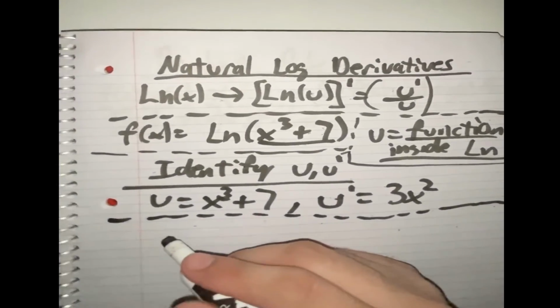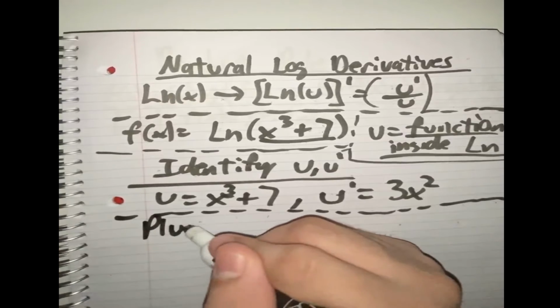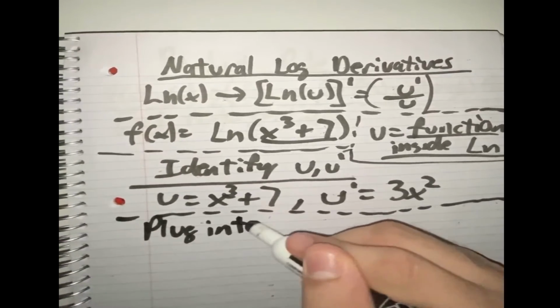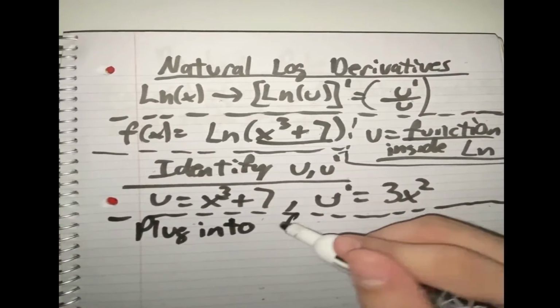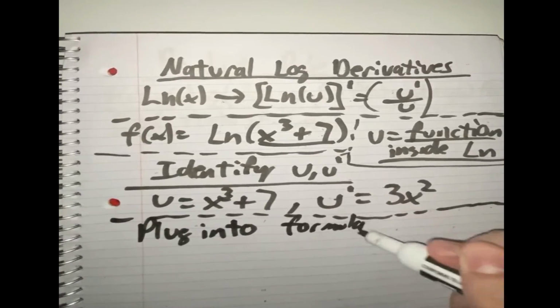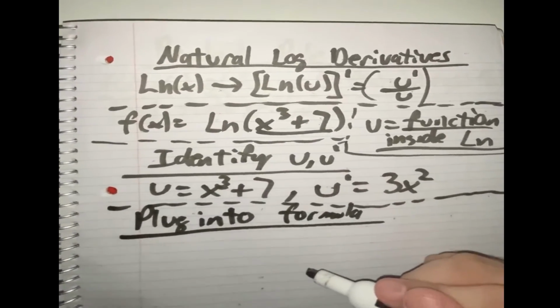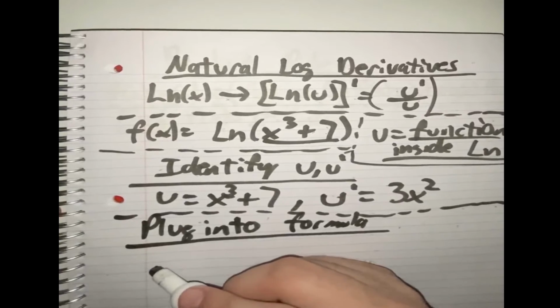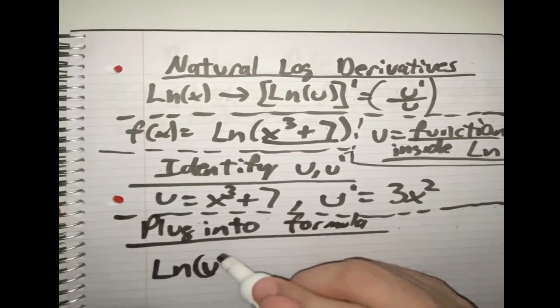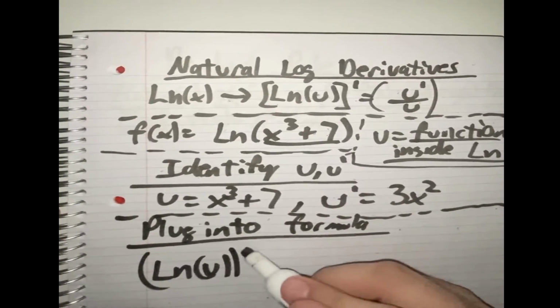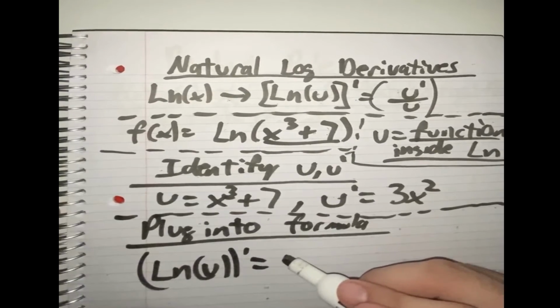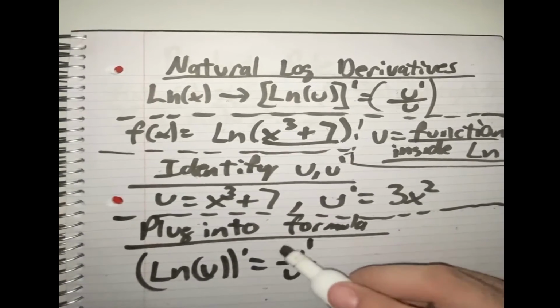Step 3 is we literally just plug into the formula. The derivative of natural log of u is equal to u prime over u.